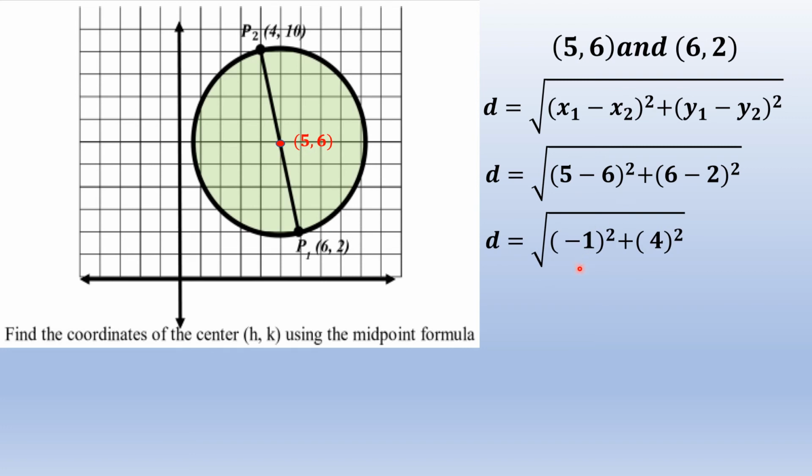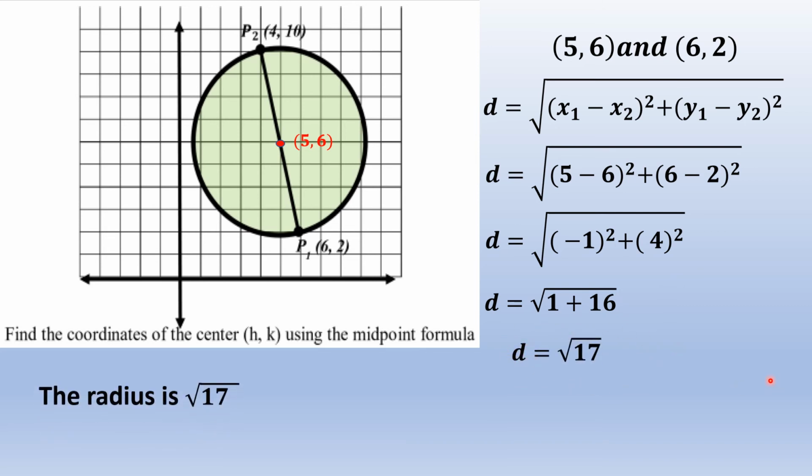Simplifying, 5 minus 6 is negative 1. 6 minus 2 is positive 4. So, negative 1 squared is 1. 4 squared is 16. Therefore, the distance is square root of 17. Ibig sabihin, the radius is square root of 17. And the center is 5, 6.